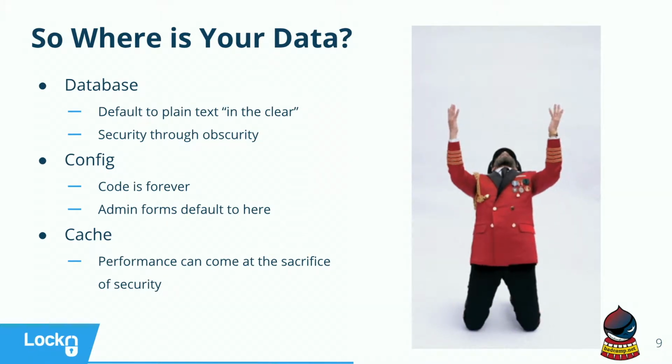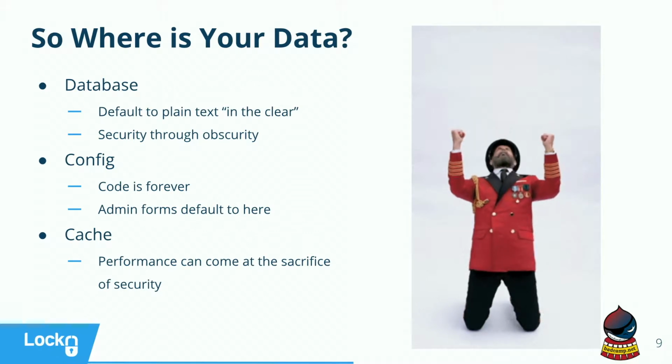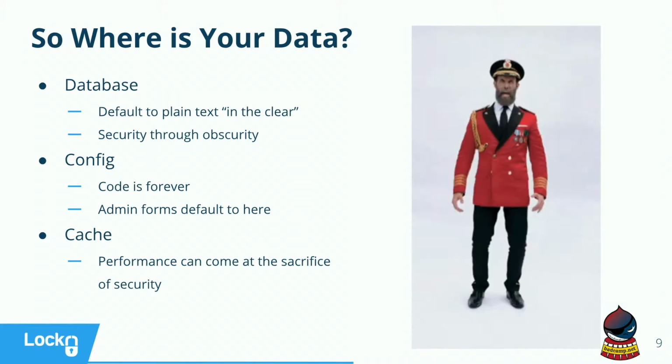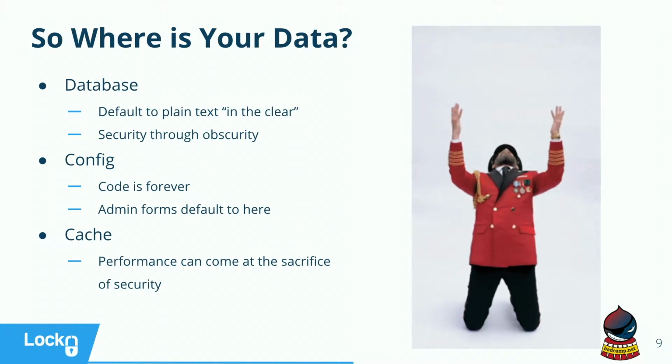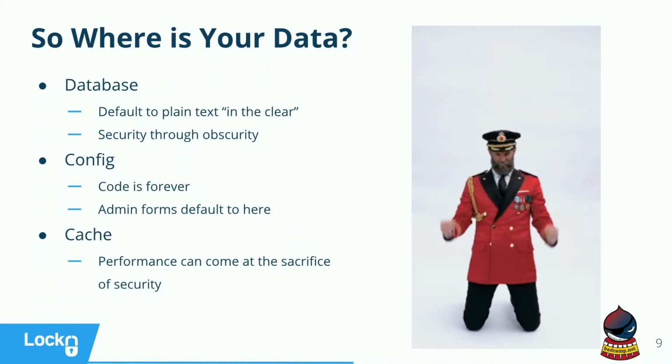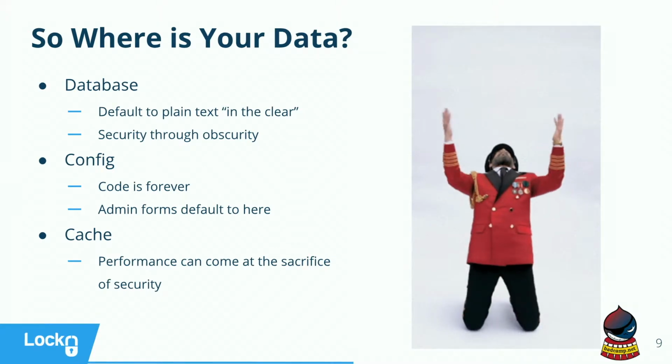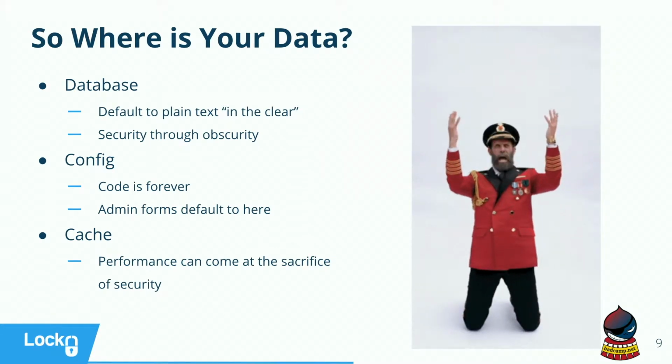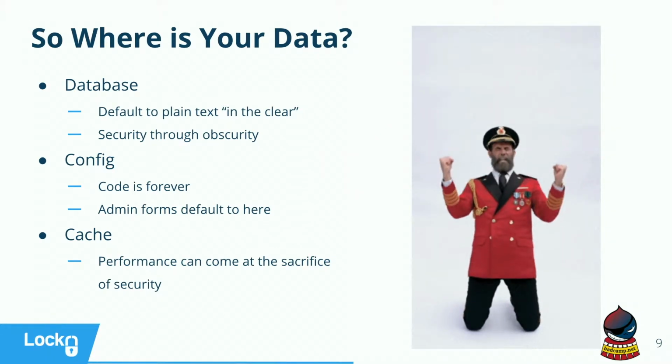The problem is, code is forever, especially if it's in your Git repo. Unless you like going back and doing some force pushes and mucking around in the history, once you commit something to config and your config is in the Git repo, it's there forever. You probably wouldn't be shocked, but you could be.